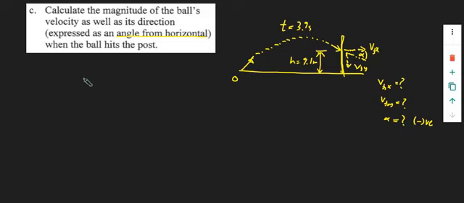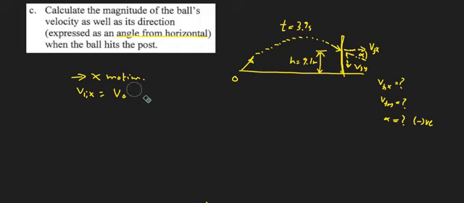I'm going to first consider the x motion. In the x direction, the starting velocity is v naught cosine, cosine instead of sine because we are looking at the horizontal component. I have cosine 50 degrees, or in other words 28 cosine 50 degrees.